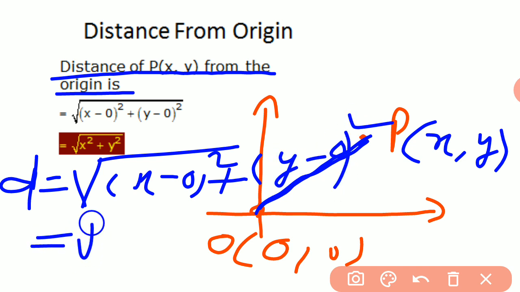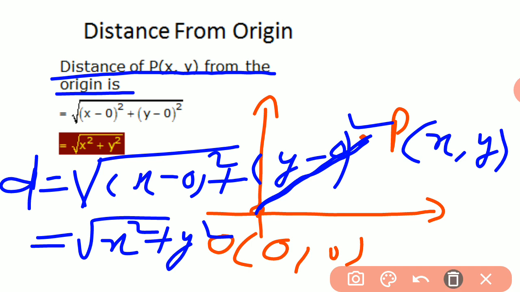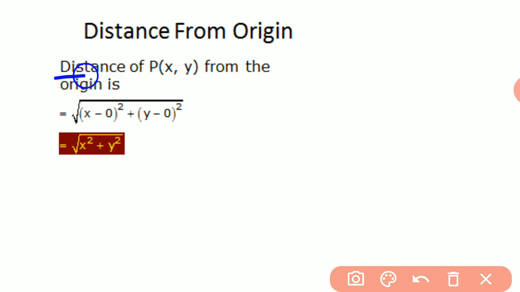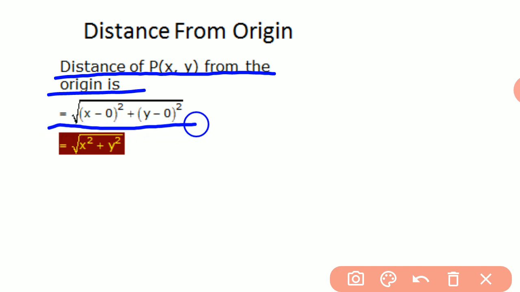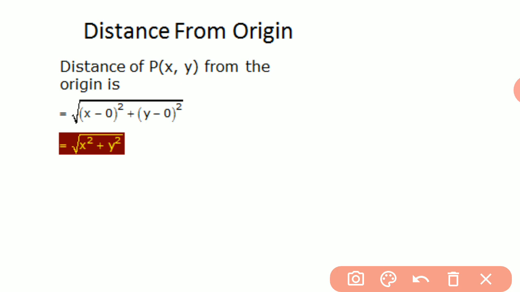This is under root x square plus y square. So we can say that the distance of P from the origin is under root of x minus 0 whole square plus y minus 0 whole square.